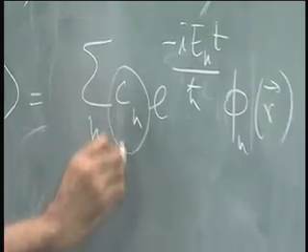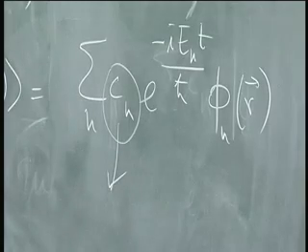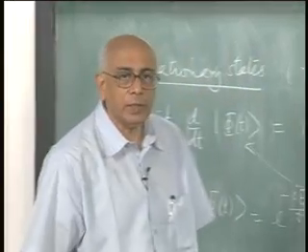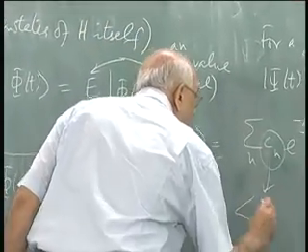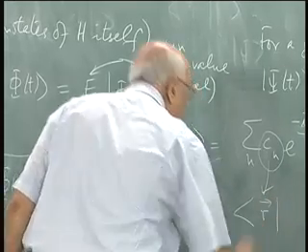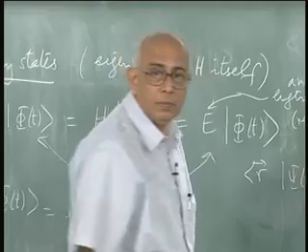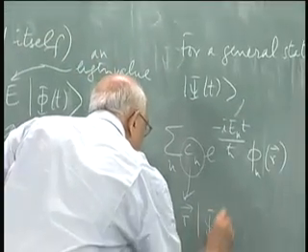And what is Cn? What is the coefficient equal to? It was the overlap in the position basis between r and the state of the system at t equal to 0.